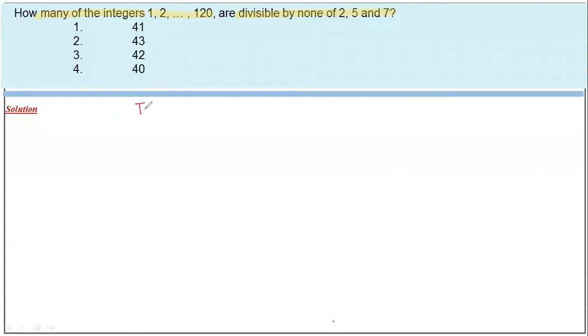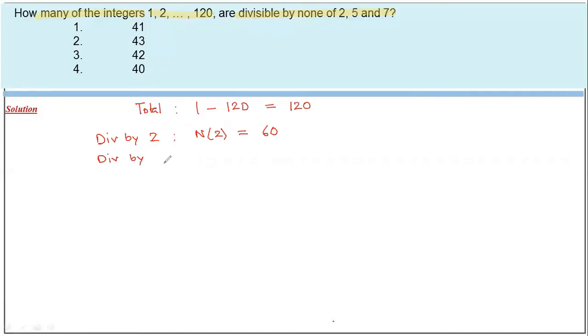Okay, so total numbers from 1 to 120. Now divisible by 2, such numbers would be 60.